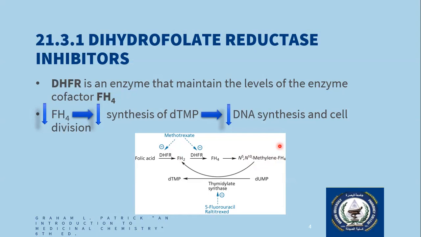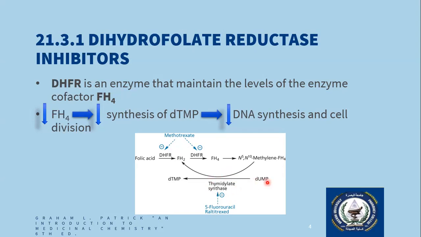So if we need to convert uridine to thymidine, what are we going to need? We're going to need one carbon atom, the methylene group. So that is going to serve as a cofactor. This N5,N10-methylene tetrahydrofolate will serve as a cofactor for the enzyme thymidylate synthase.